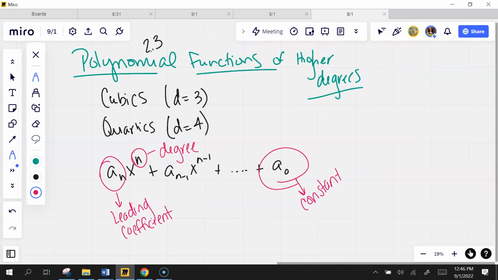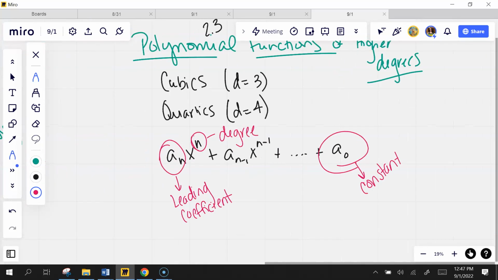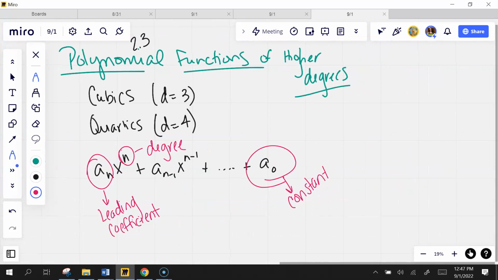Is that good? You might be a little taller than them. Y'all got that? Okay. Great.